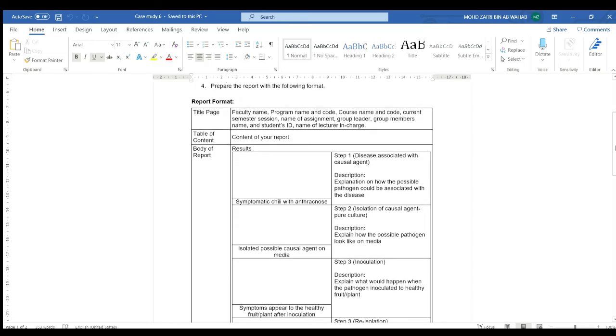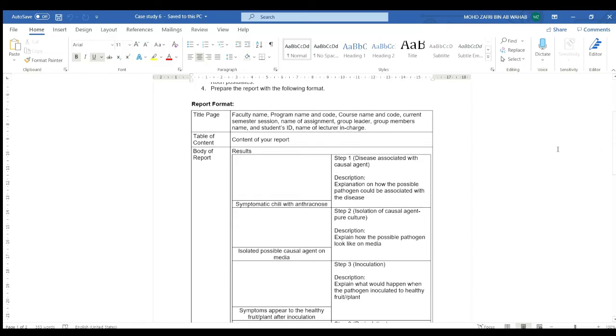So all the format is similar to the previous report, except the body of the report.